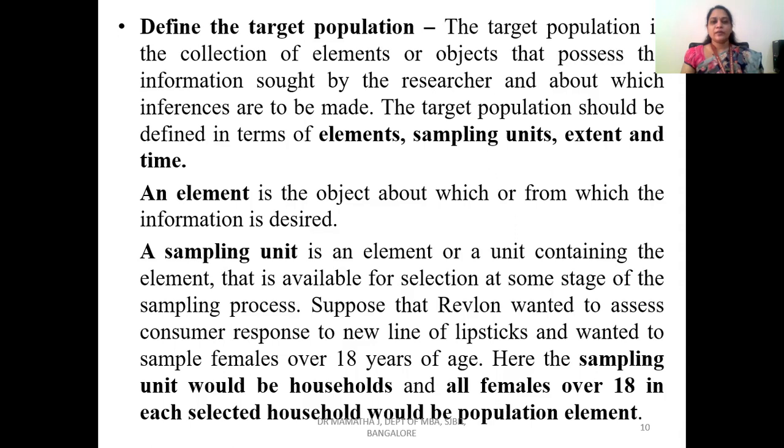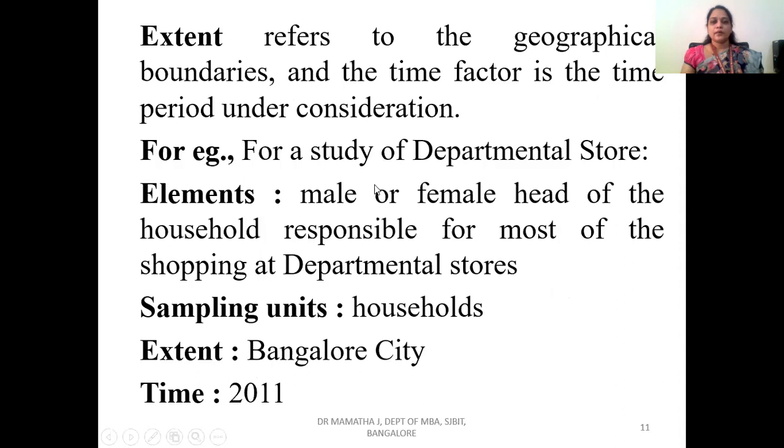You have to define the extent also, and the time period also, when you are selecting the sample. Extent is the geographical boundary, to what extent you are covering, what is the scope, and the time factor, the period for time consideration.